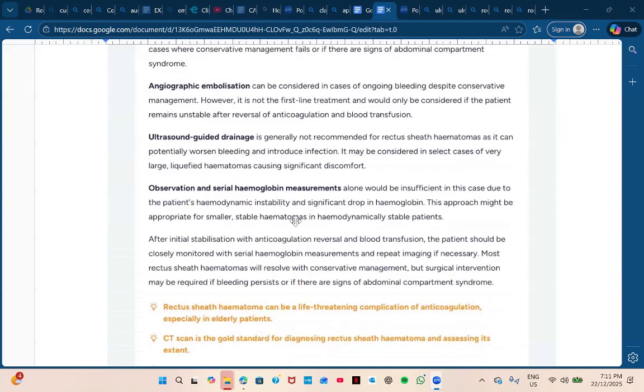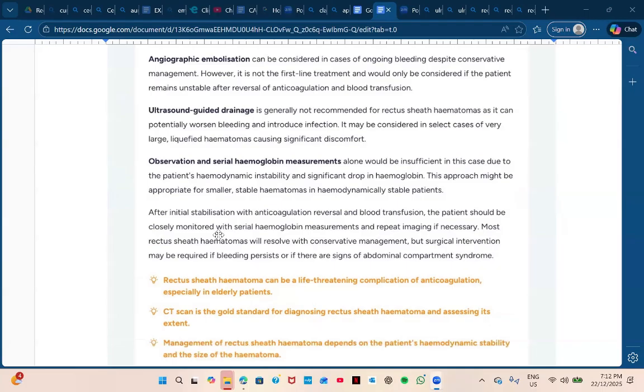Then observation and serial hemoglobin measurement alone would be insufficient in this case due to the patient's hemodynamic instability and the significant drop of hemoglobin. This approach might be appropriate for smaller hematomas in a hemodynamically stable patient.